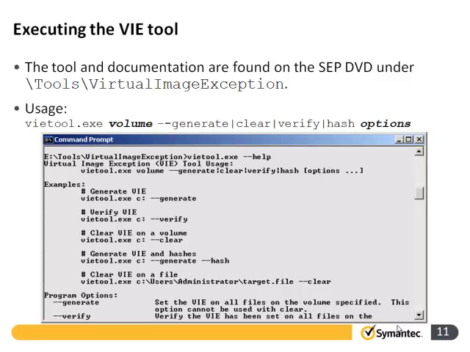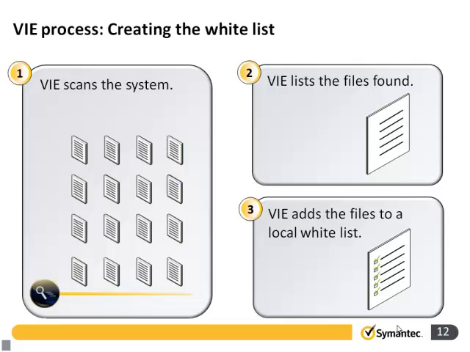So here we can see executing the VIE tool. We can see the command under the tool's virtual image exception and the usage in the command prompt box. So when the VIE tool runs, we're creating a whitelist. That's a whitelist of all the applications that have been scanned.